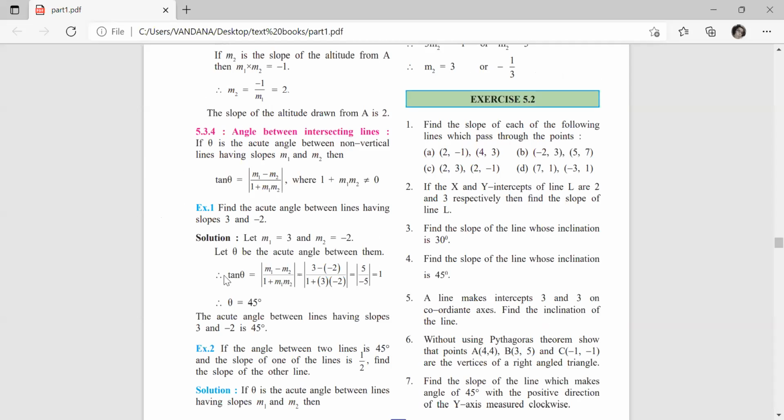Next sum, third. Find the slope of line whose inclination is 30 degree. If inclination is 30 degree, so theta is 30 degree.